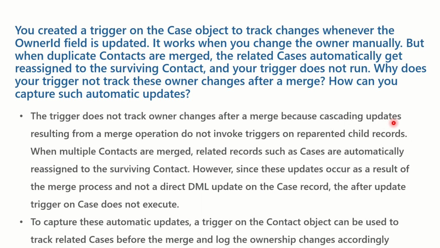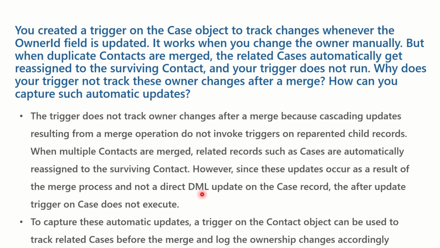So the cascading updates that happen to the child record, the case record, are not going to invoke triggers. This update occurred as a result of the merge process, and it was not a direct DML on the case record, and triggers will only occur for the direct DML.